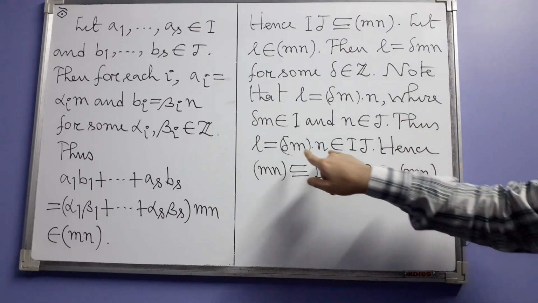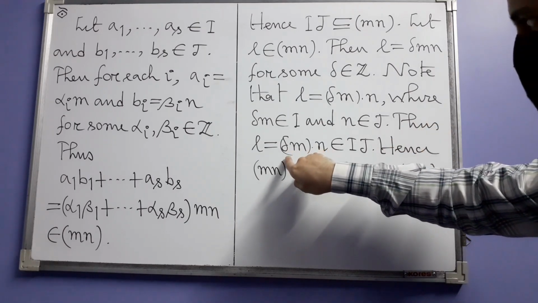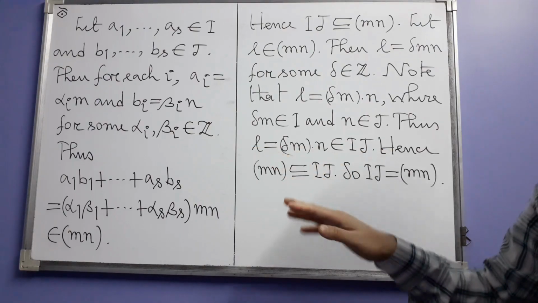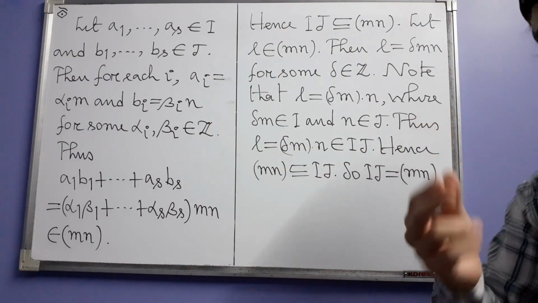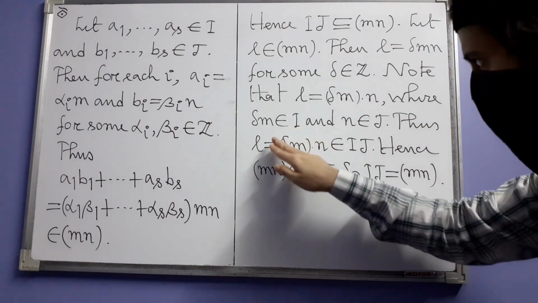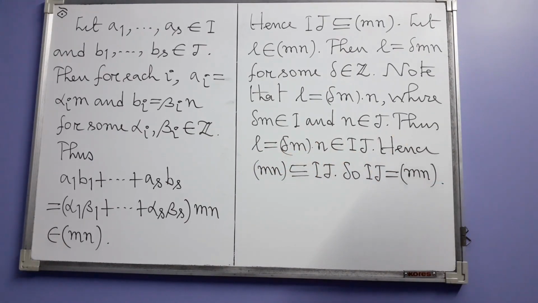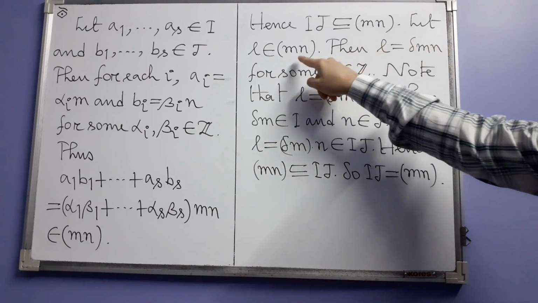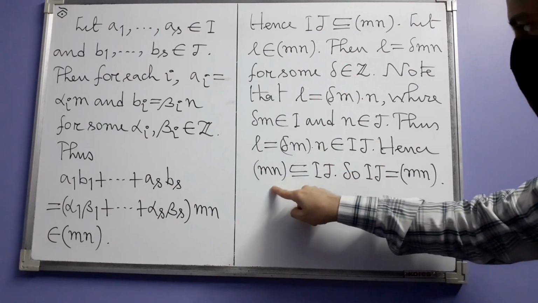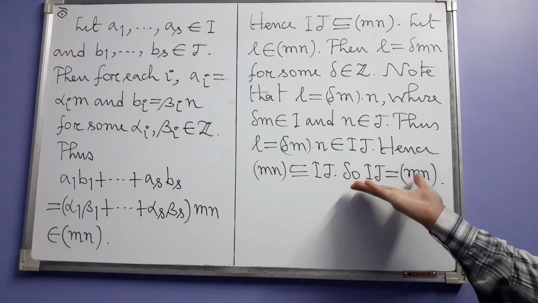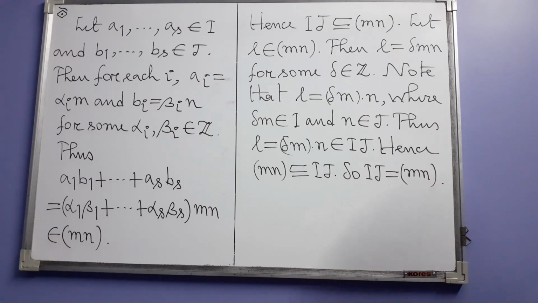And that's how this single product is also a sum like that, in which there is only one term, and that is why this element, which is L, is an element of IJ. So that way any element of mn is also in IJ. So we have this containment, and that's how we have our claim.